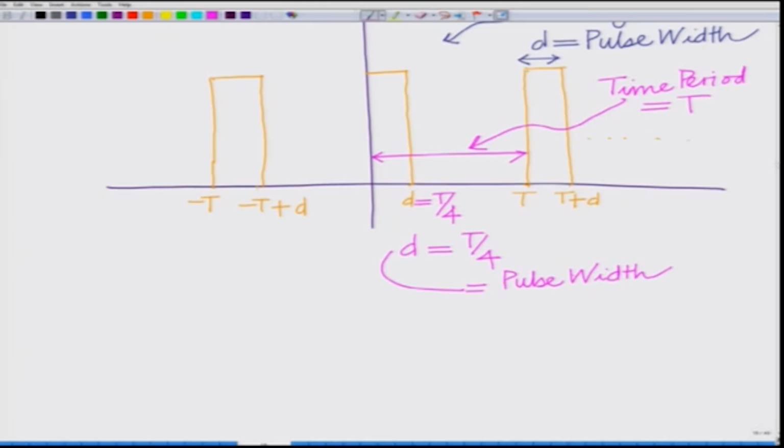Now, this is a periodic signal. So, we can compute the Fourier series representation, which is nothing but the computation of the various Fourier coefficients of the periodic signal, alright.